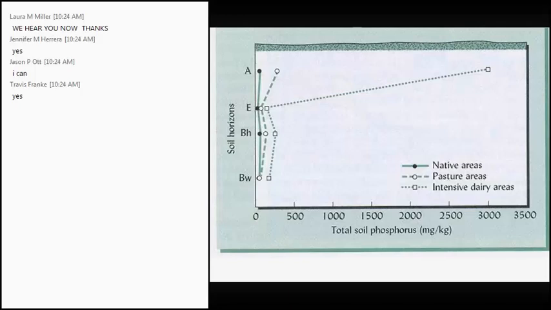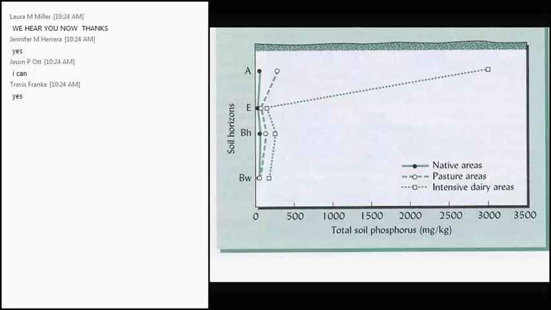So we've got three different management systems for the same soil series. We take a look at the native areas where virtually native vegetation is being grown. We have very little phosphorus in that situation. Where we've been maintaining it for pastures, and from a pasture standpoint, this can be either grazing or hay, we are typically adding some nutrients to either maintain the hay or maintain the grazing. Well, look what intensive dairy areas do.